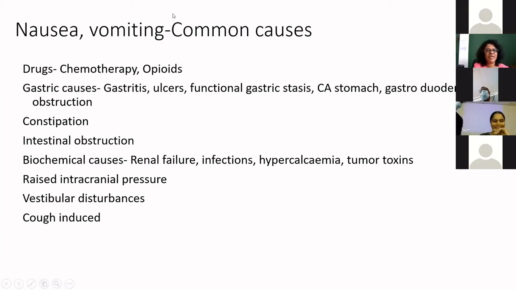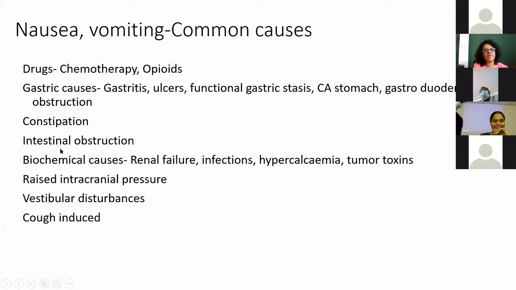So then we have to find out what are the causes for nausea. The drugs can cause nausea. The common drugs we use in palliative care are chemotherapy and opioids. There are gastric causes, gastritis, ulcers, functional gastric stasis likewise.